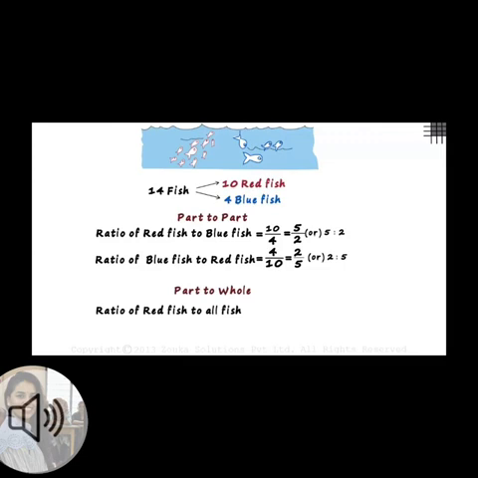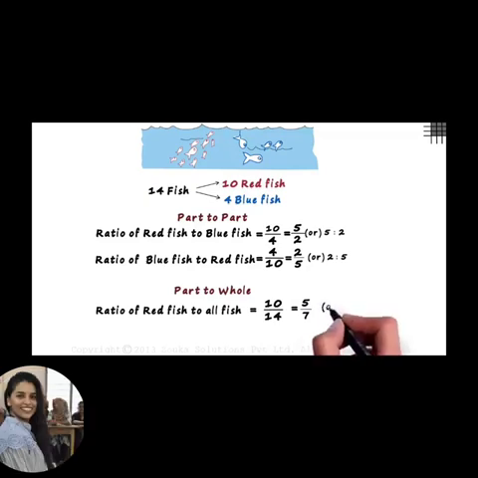Let's discuss it. The ratio of red fish to the whole number of fish: the number of red fish is 10 and the total number of fish is 14. Hence, it is 10 by 14. The ratio in the lowest form can be written as 5 by 7, that is 5 is to 7.